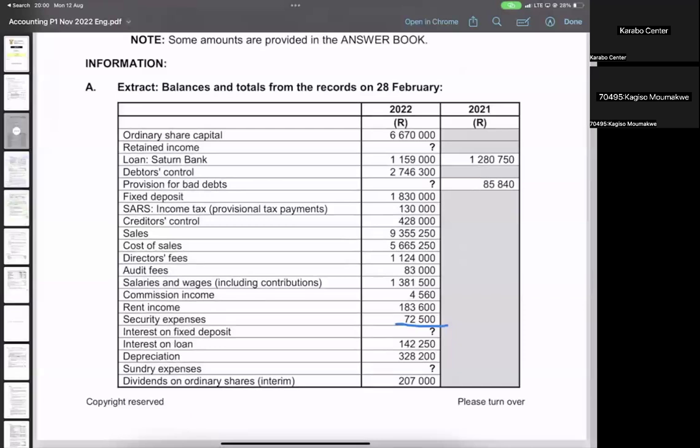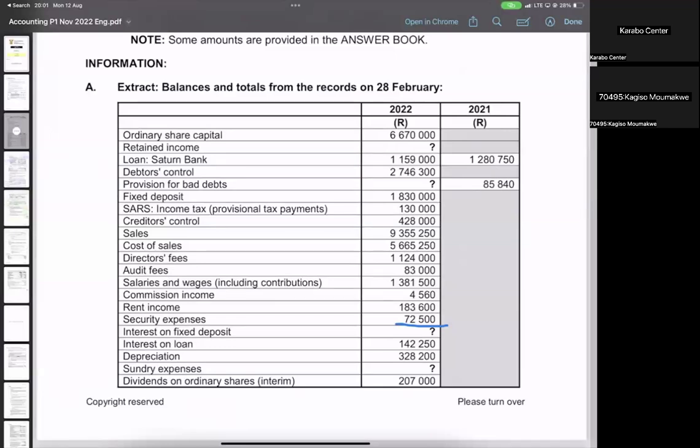That's what we owed at the beginning. And then they say at the end of our financial year we owed the bank 1,159,000. So meaning there's an amount that we paid right there.